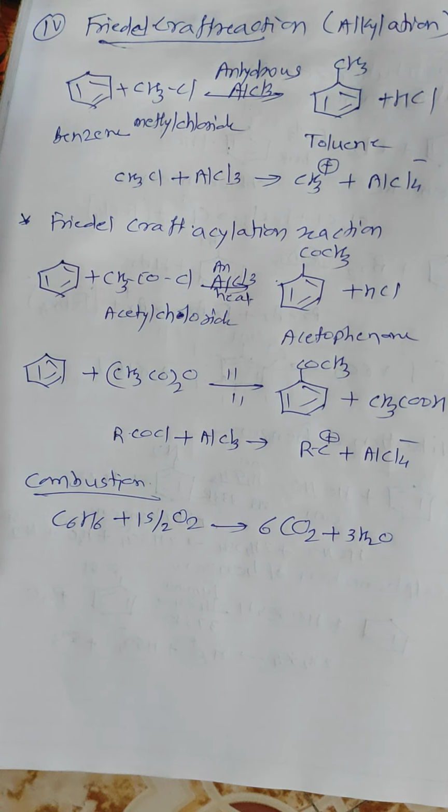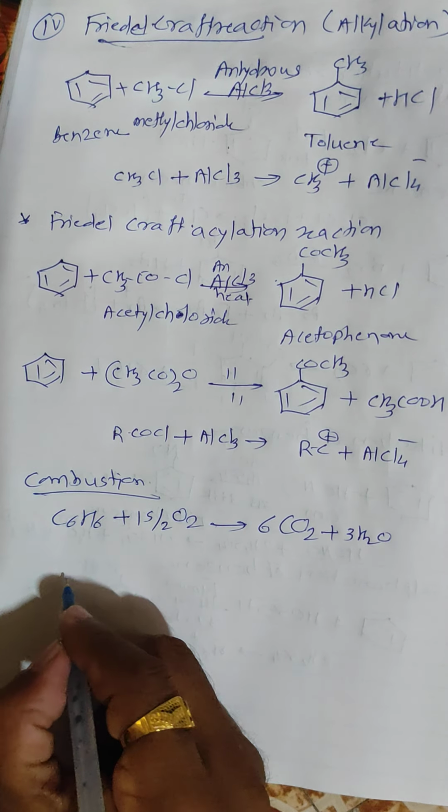Monosubstituted means one hydrogen atom of benzene is replaced by an electrophile or substituent. When monosubstituted benzene is subjected to further electrophilic substitution, the second substituent, that is the incoming electrophile, can occupy any of these positions and give three disubstituted products.